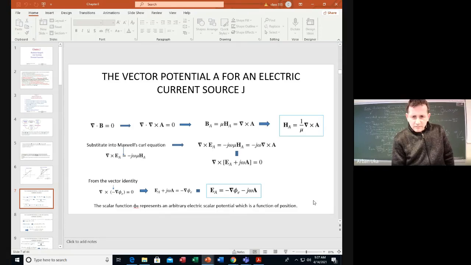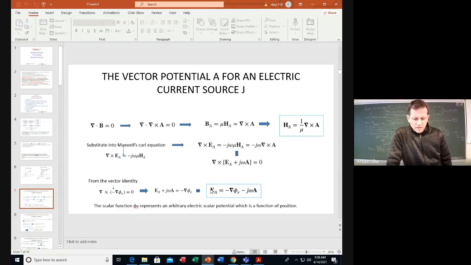So in principle, the essential element that we see here is in fact the bottom equation, which states that, actually it's also written at the bottom, the scalar function phi E can represent any arbitrary electric scalar potential, which is a function of the position.